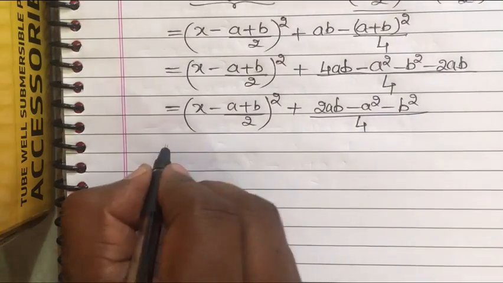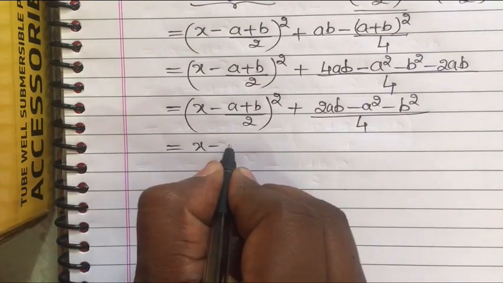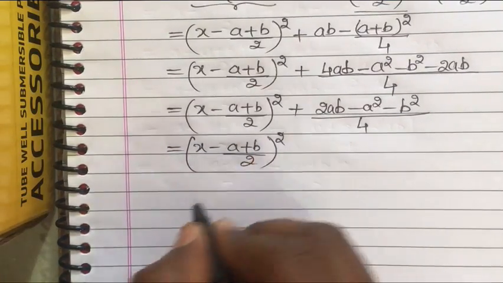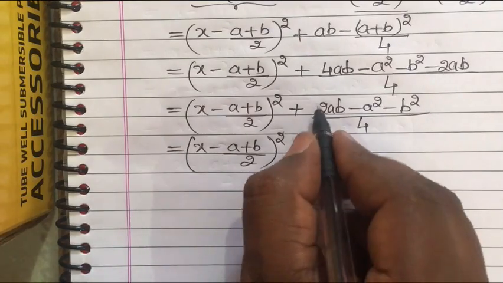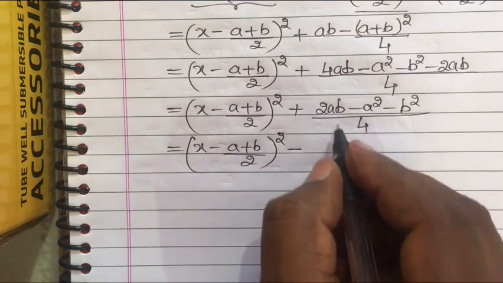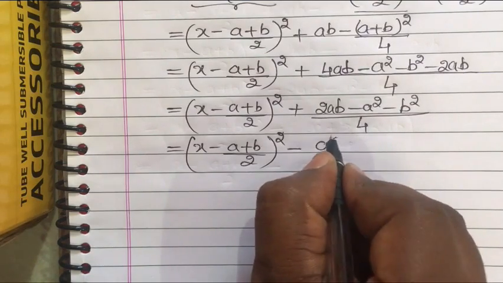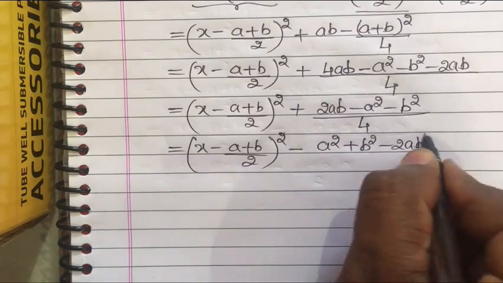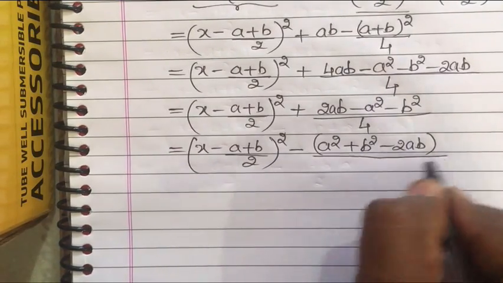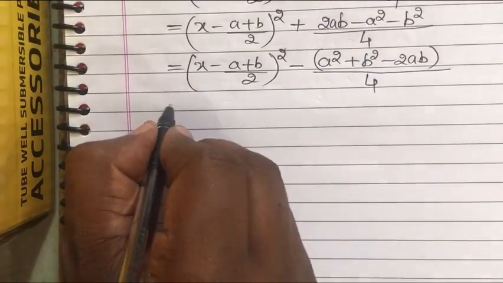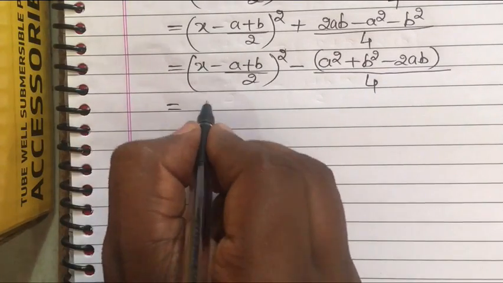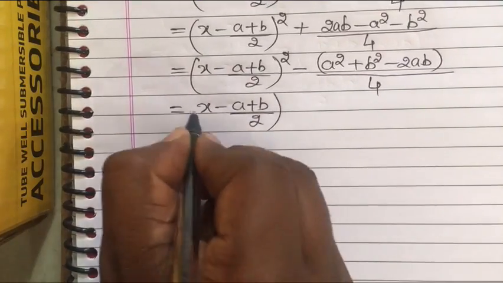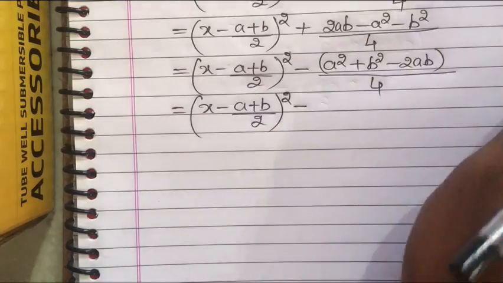So now this is equal to (x minus (a plus b) divided by 2) the whole square. Take minus common here; minus into plus becomes minus. So what do we get now? We get a square plus b square minus 2ab, divided by 4. So now this is equal to (x minus (a plus b) by 2) the whole square, then minus, I write it as it is.